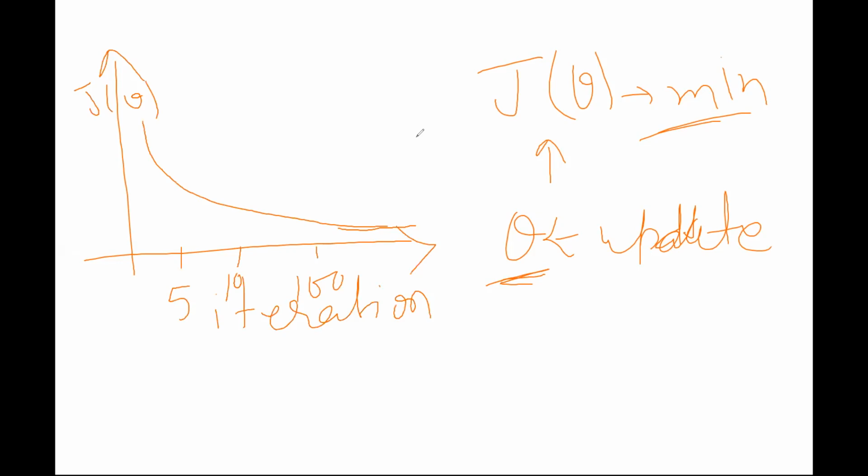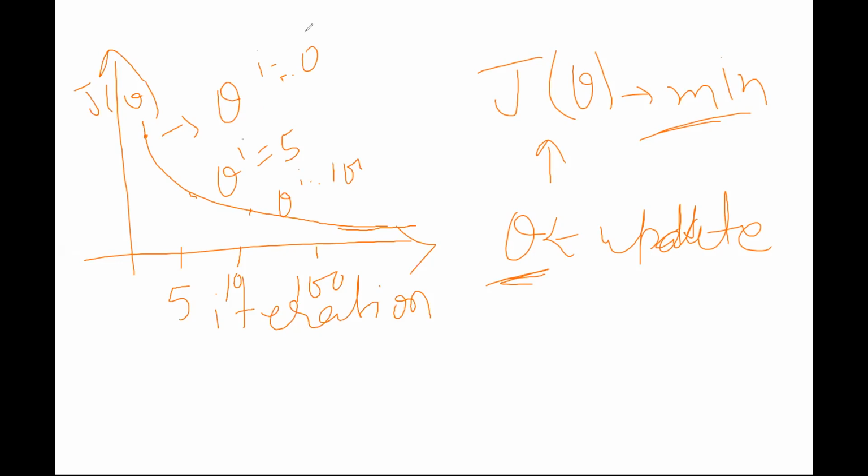At this point theta will be some theta 0. Wait, I will change the notation. This is at theta i equal to 0. Then here the theta value will be at i equal to 5. Then at this point, this is theta at i equal to 10.